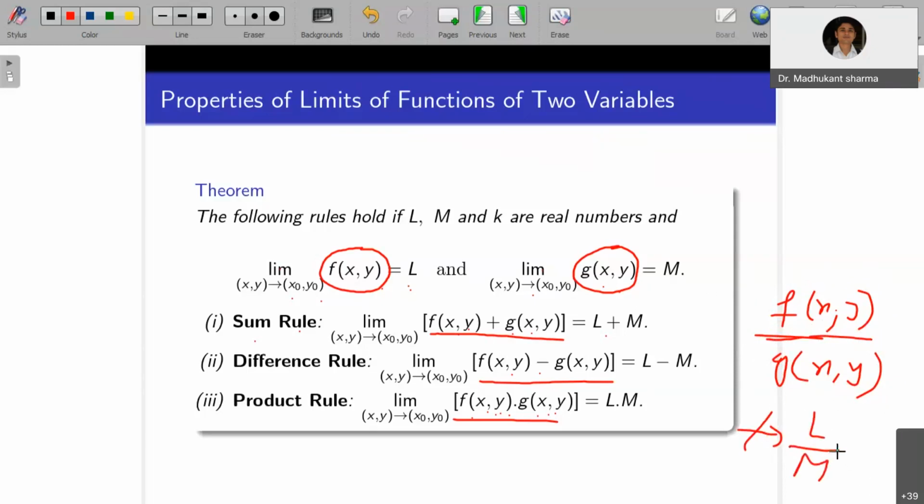What I need to make sure is that g should not be 0, g should not vanish, so that this rational function is well defined. That's the very first thing.